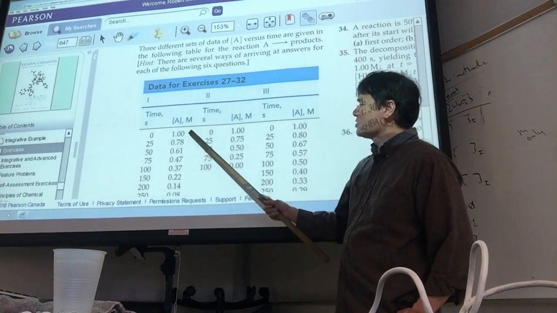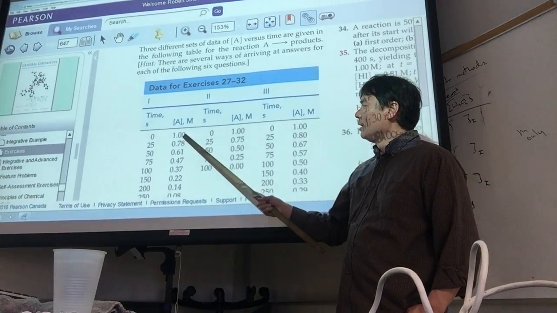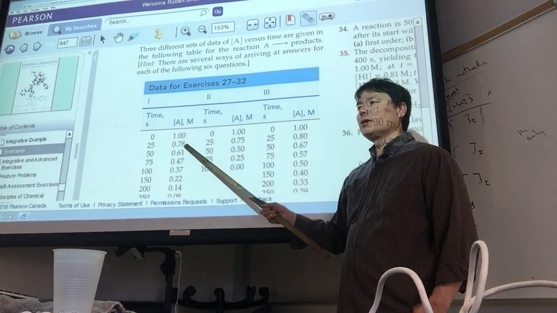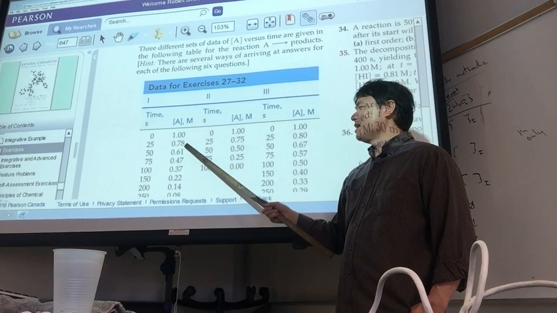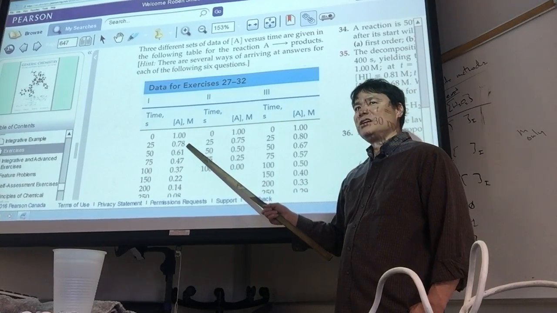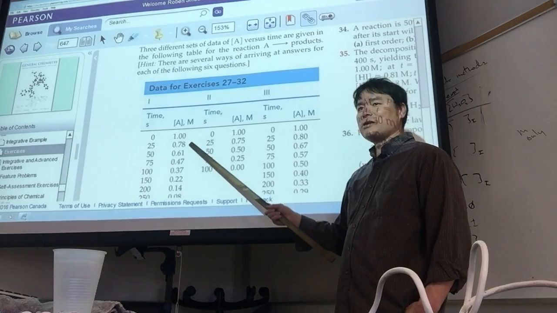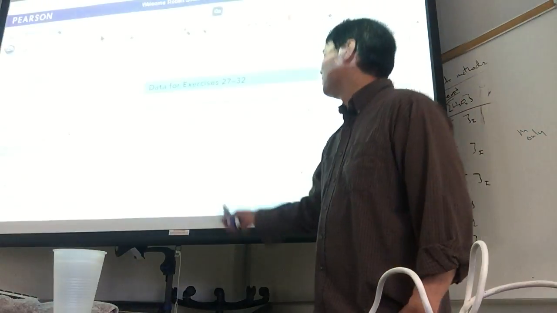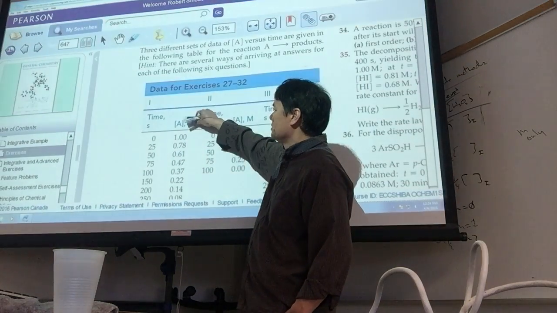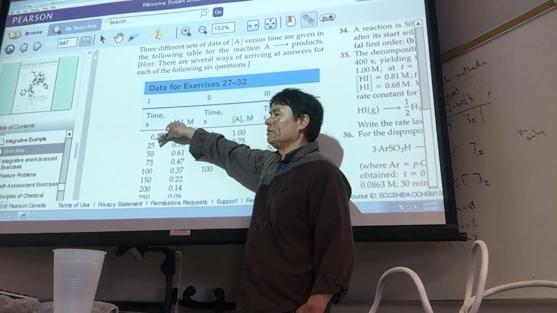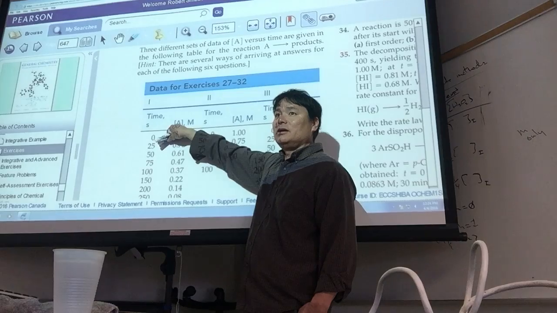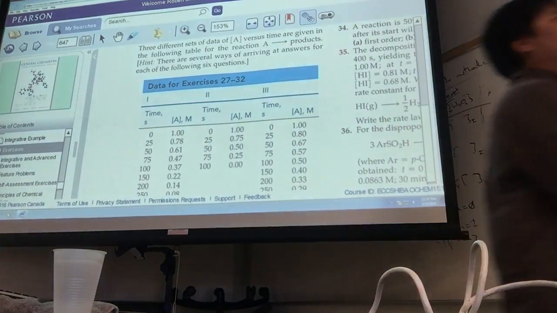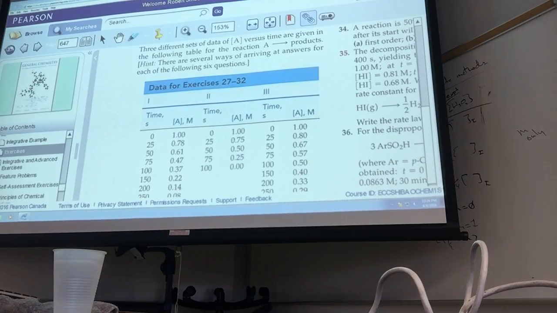If I look at this, we start off at 1 molar here. After 25 seconds, we're at 0.78 molar. Is that less than 5% reaction? No, that's like 22% reaction, right? And so at 22% reaction, if I took the slope, that is delta y, which is delta A, over delta t, which is delta x, is that close enough to the initial rate? No, because at 22% reaction, we're way out here.